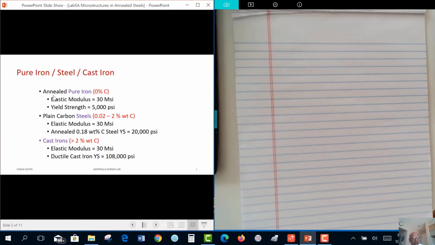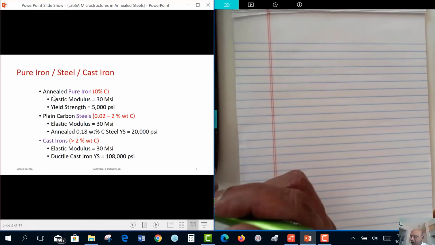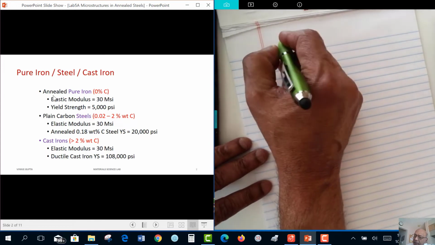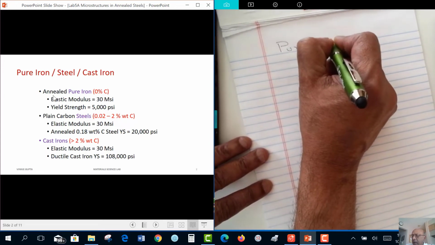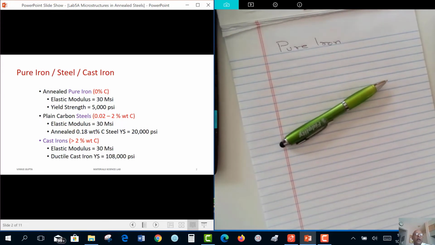Okay, so let's first look at pure iron. When we look at pure iron, that means it has no carbon in it, 0% carbon. Its elastic modulus is 30 million psi.